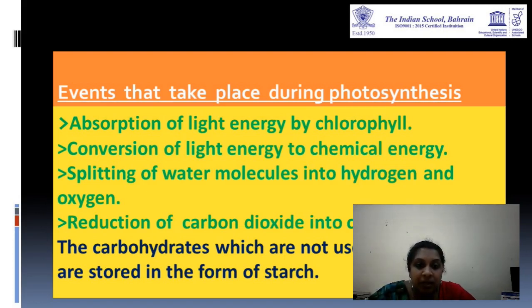The carbohydrate, as I said earlier, is the end product of photosynthesis. It is not used up by the plant as soon as photosynthesis gets over. It is stored in the plant in the form of starch, and it is used by the plant only when it is required. So the internal energy reserve of the plant is starch.